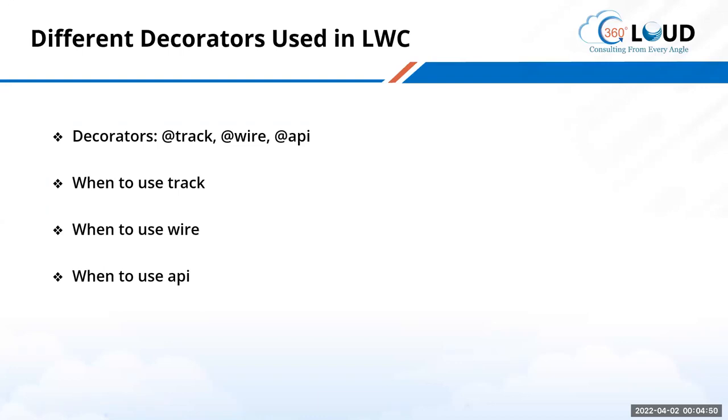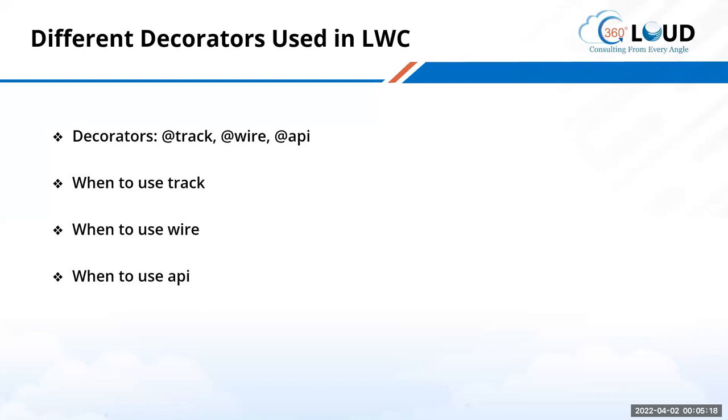And when to use wire: when we want to access Salesforce data in our LWC component, then we have to use wire. There are two ways to call Apex methods or access Salesforce data. The first is wire, and the second is the imperative method. We will talk about both.